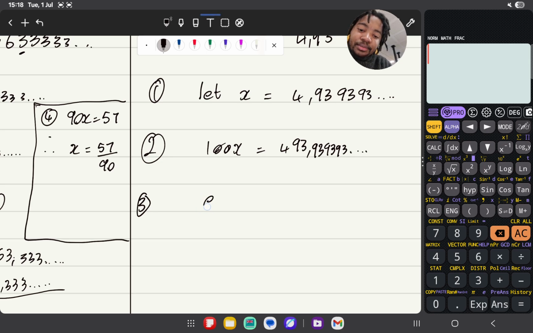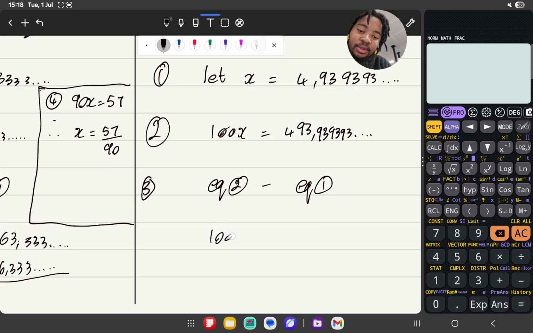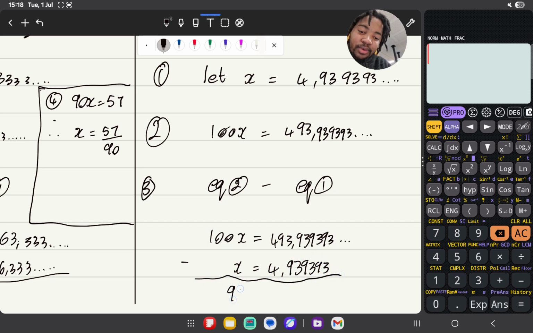So we go again. That will be 100x minus x. So now when we do our math, we have 999x being equal to 489.